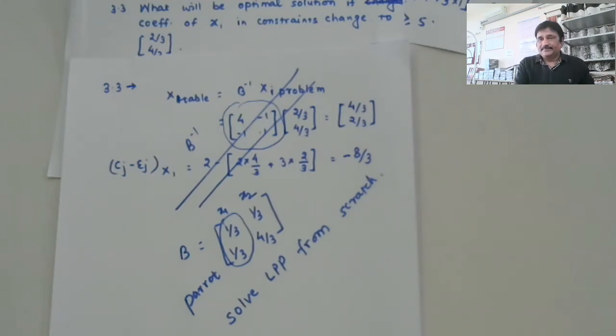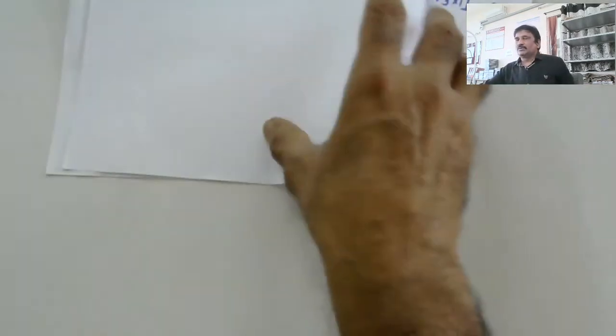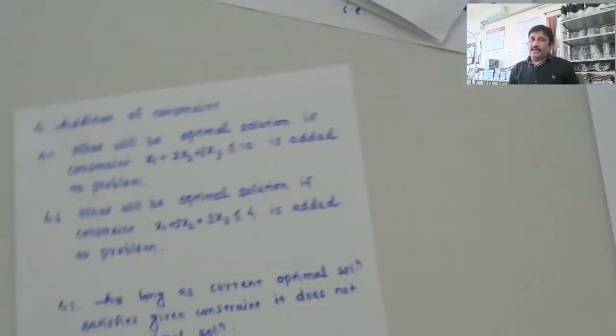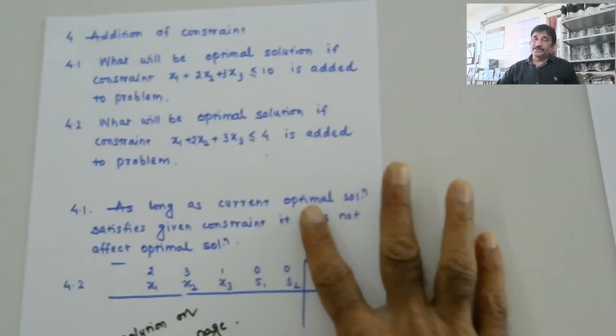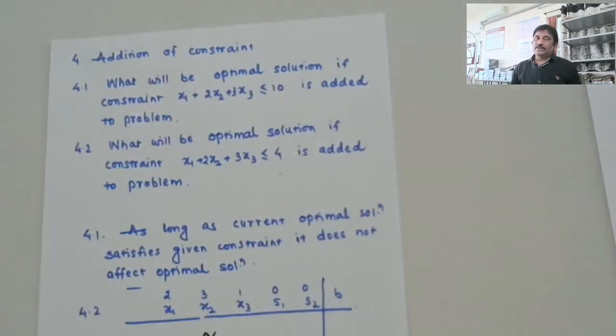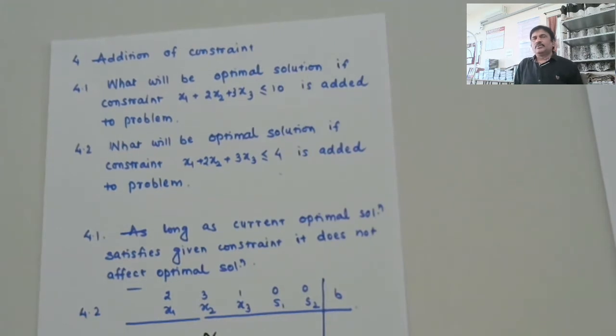Now we'll be going to the next group, which talks about the addition of a constraint. This is interesting. You have seen that you can add variables at any later time after you solve the LPP and get the optimal solution. You can add a constraint also in the problem.